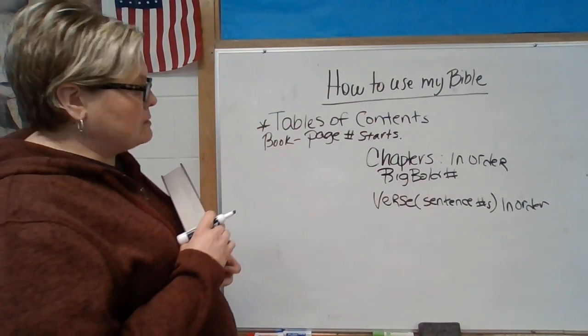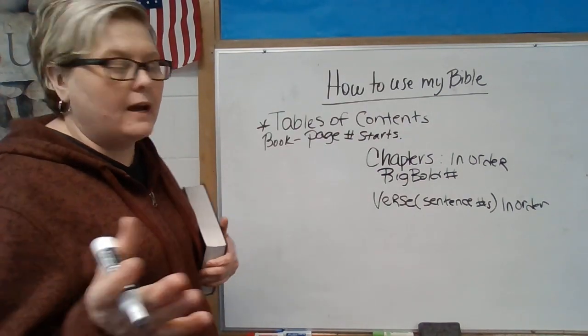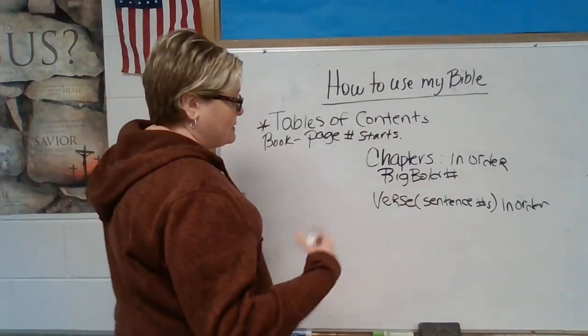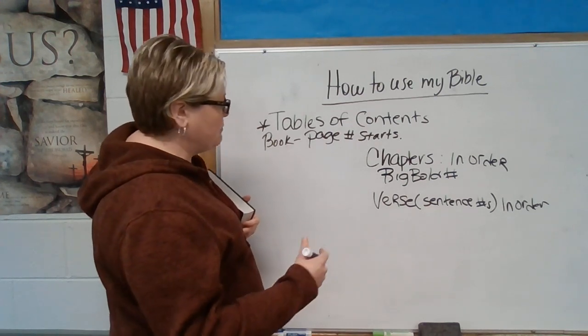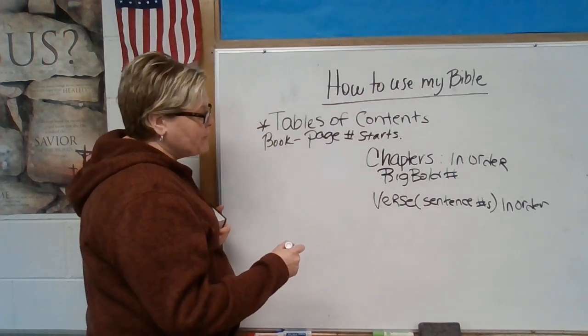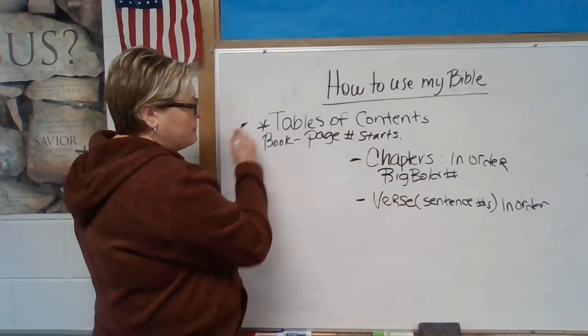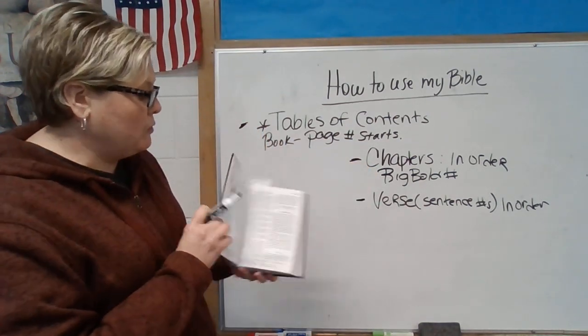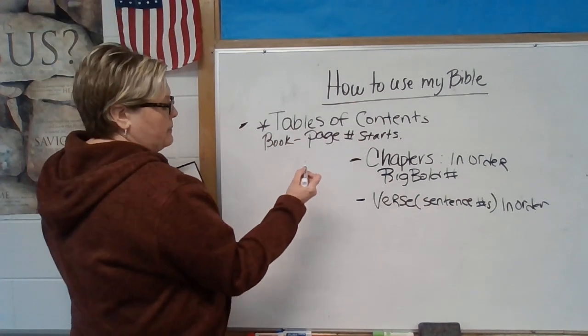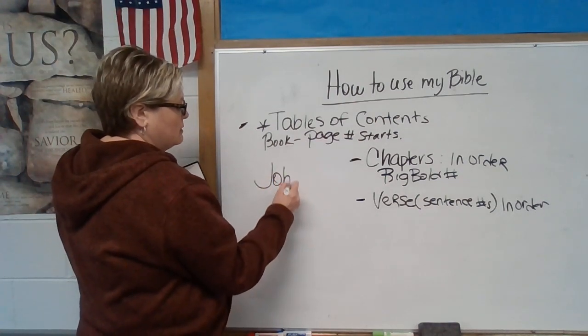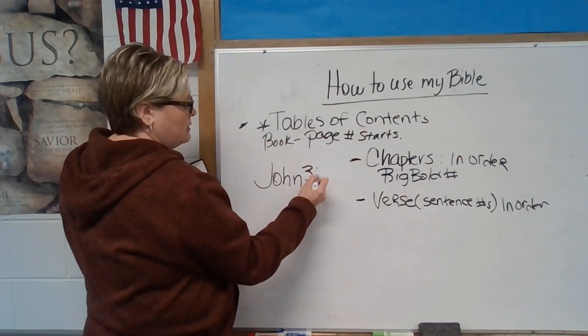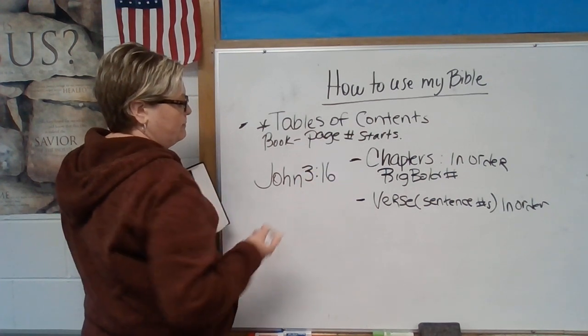Now, I'm going to use one that is popular that a lot of people look up and sometimes memorize. We always want to try to memorize as much of the Bible as we can, but we're going to use chapter and verse, and we're also going to use our table of contents. So in this Bible, I'm going to be looking up John 3:16.